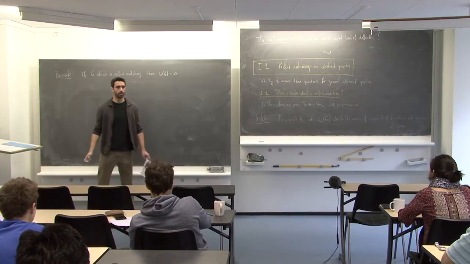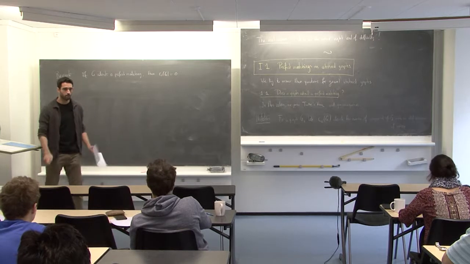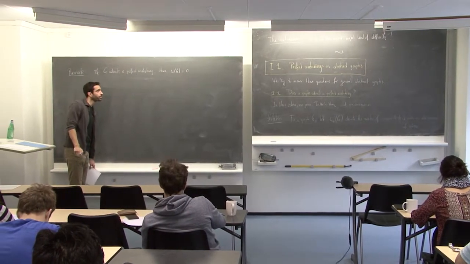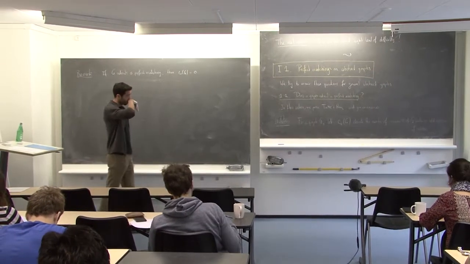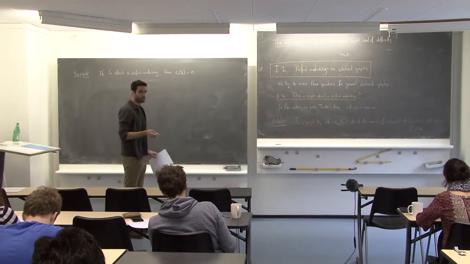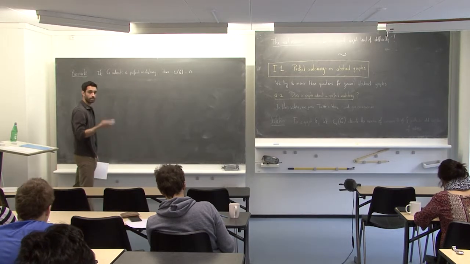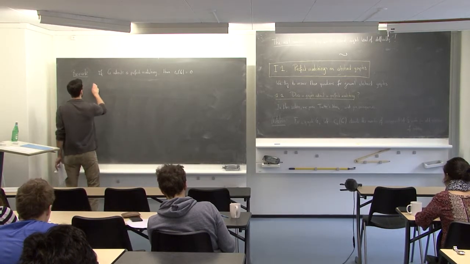You all agree with this, right? You have a perfect matching, you just match the vertices in the components by pairs. You cannot have odd components. So the first question is, is this sufficient? Does this mean that you have a perfect matching? That's not the case, so this is not sufficient.